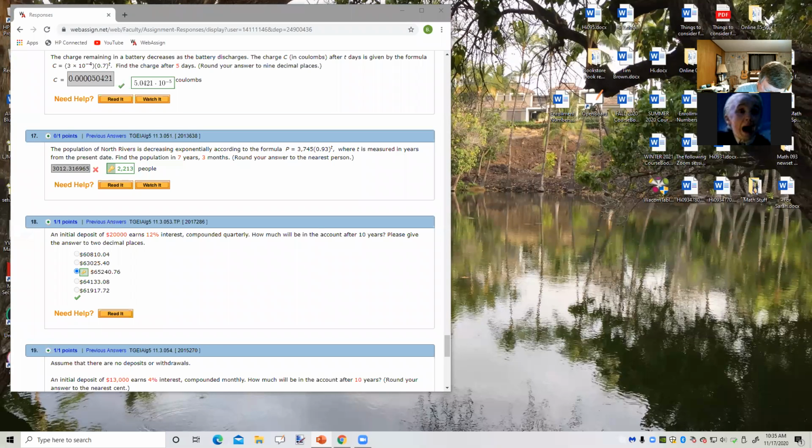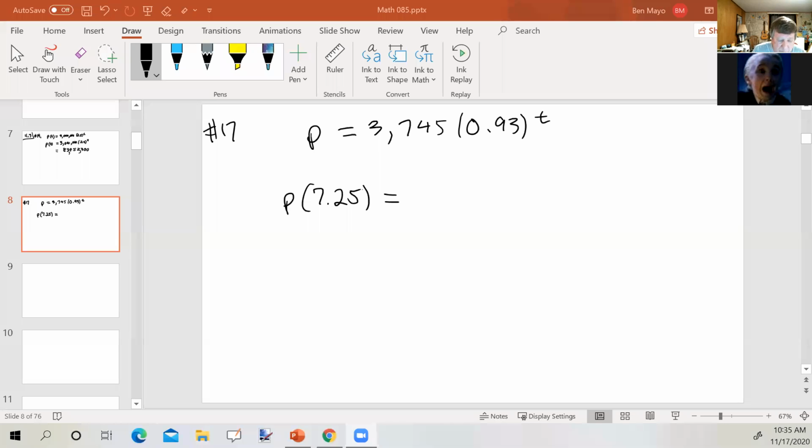Now, this particular equation wasn't written as a function, but it is a function. So I'm going to just put it like this. And so we want P of 7.25, which is 3,745 times 0.93 to the 7.25 power.